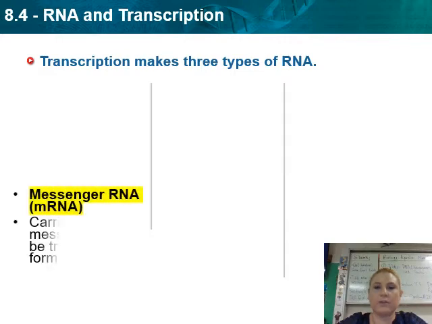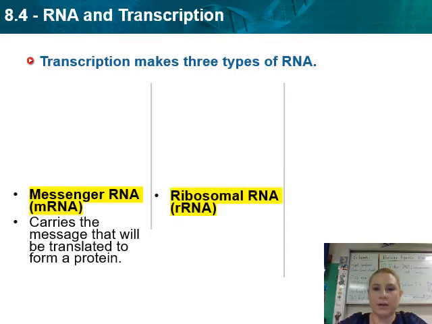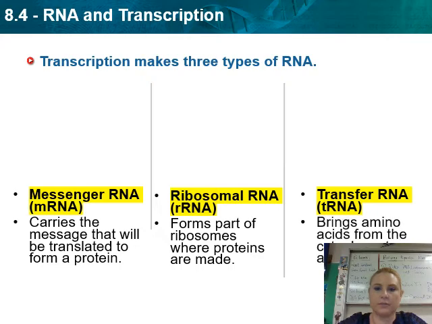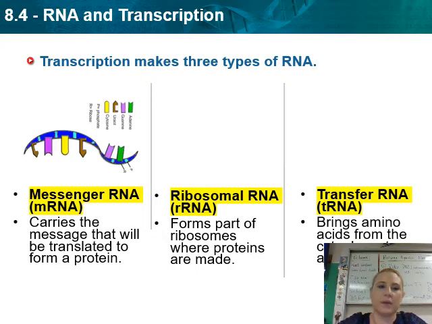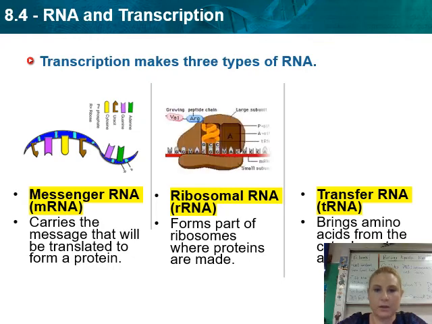Now, transcription makes three types of RNA. The first type is messenger RNA. We abbreviate it with a little m, so mRNA. It carries a message that's going to be translated to form a protein. Then we have ribosomal RNA, which we abbreviate rRNA.